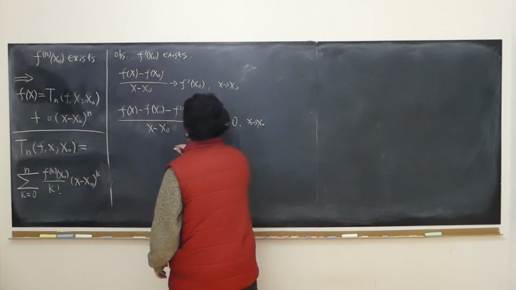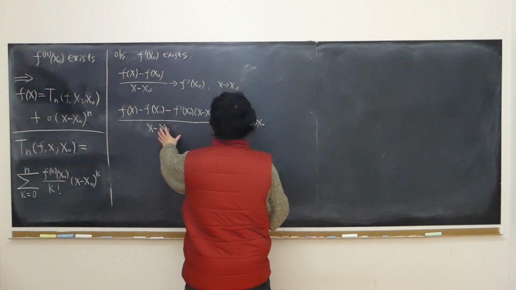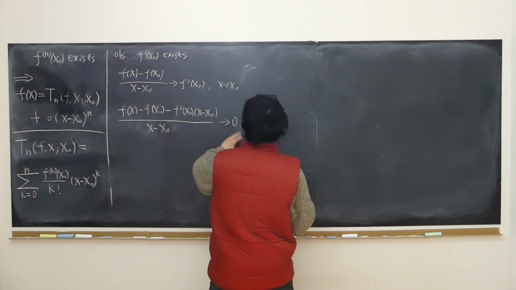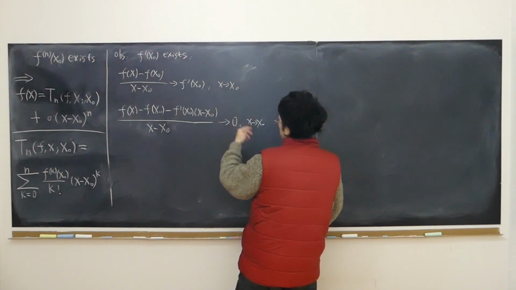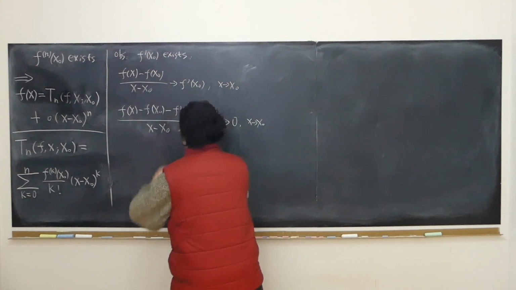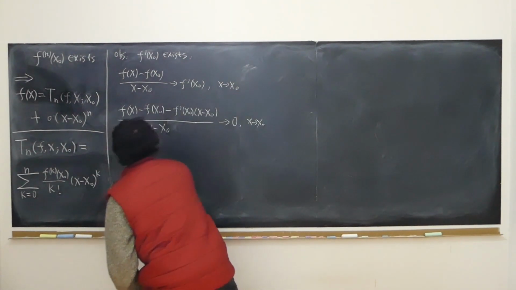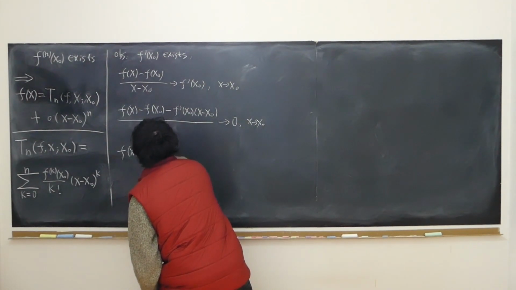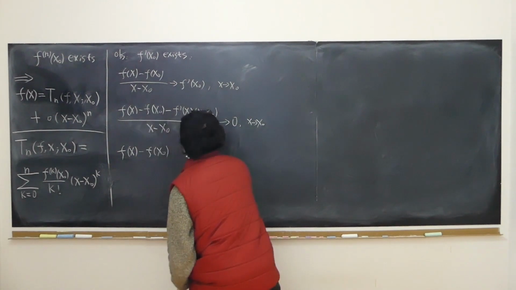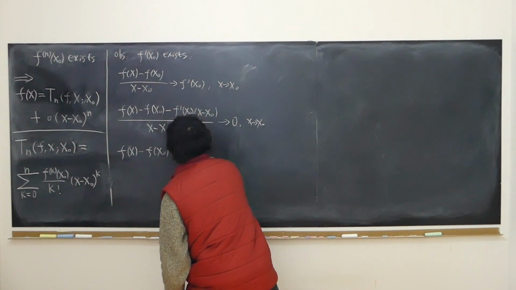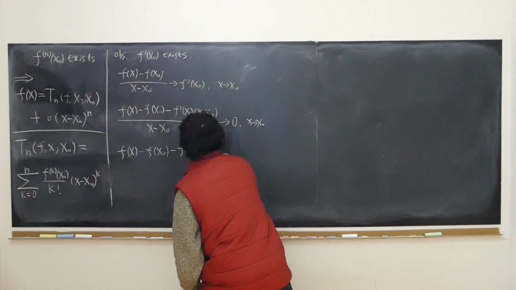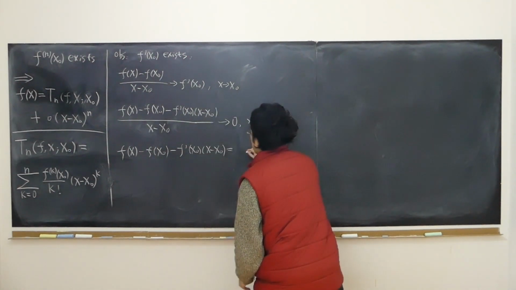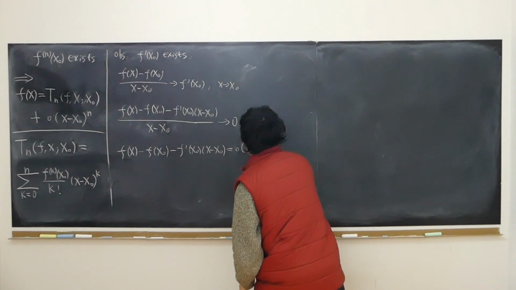In other words, we can imagine multiplying this bottom over to the other side, just treating 0 as a little omicron. That's one way of thinking about it. F of x minus f of x naught minus f dash of x naught times x minus x naught can be denoted as little omicron of x minus x naught.